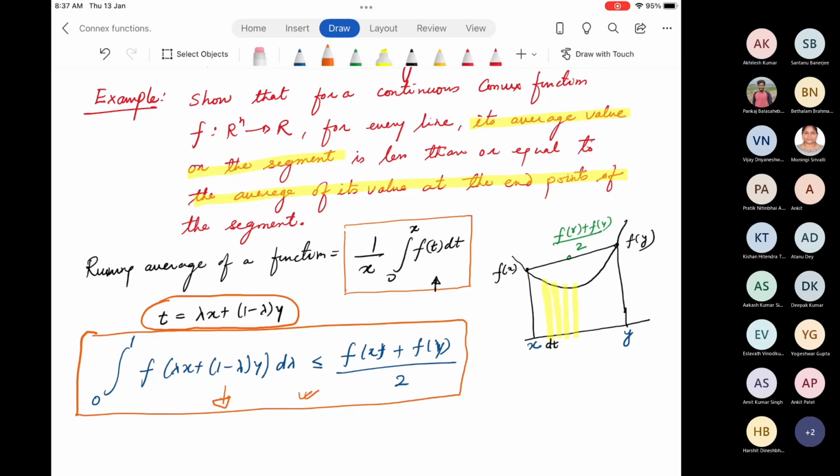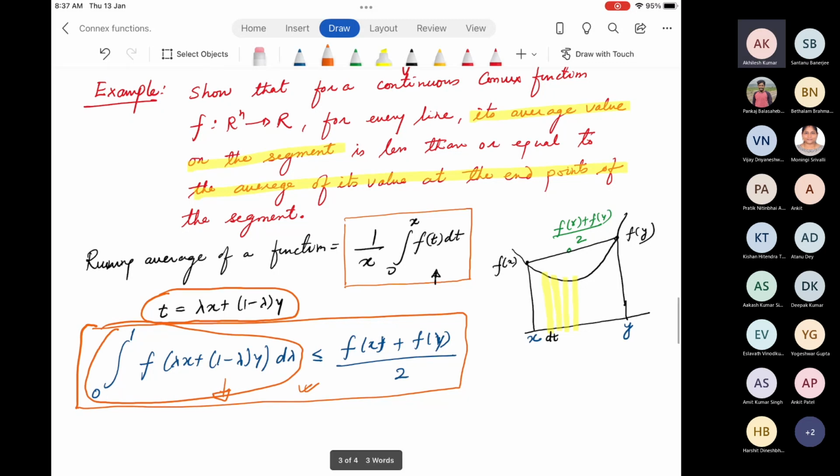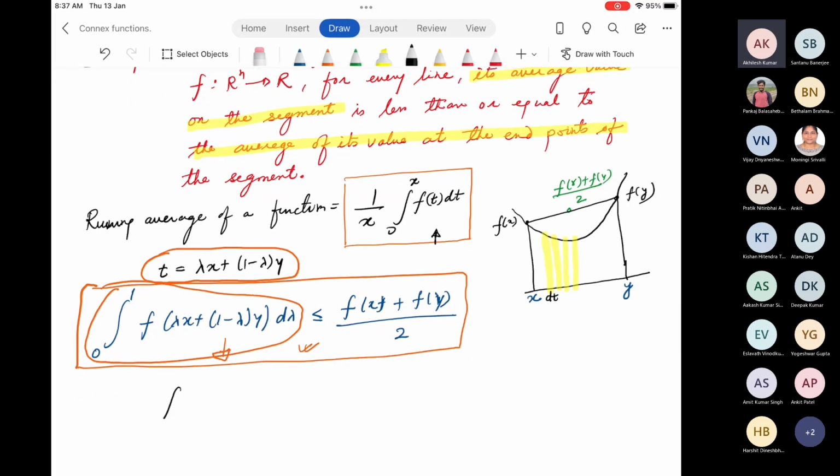Yes. So the important part here is to understand the running average. Once we have this, the left hand side is the integral from 0 to 1 of f of lambda x plus 1 minus lambda y d lambda.